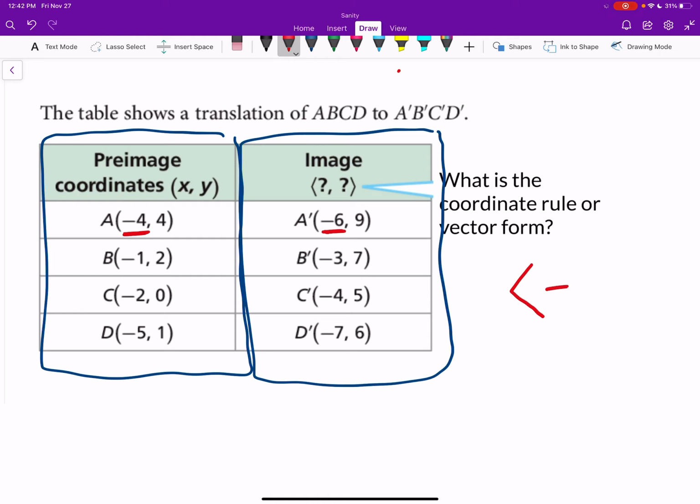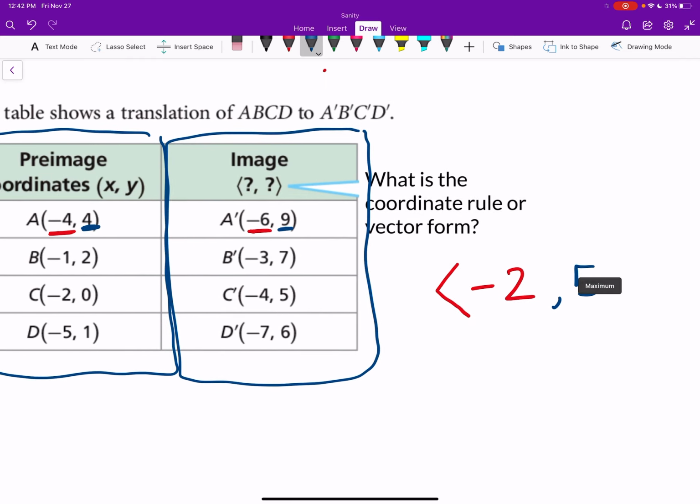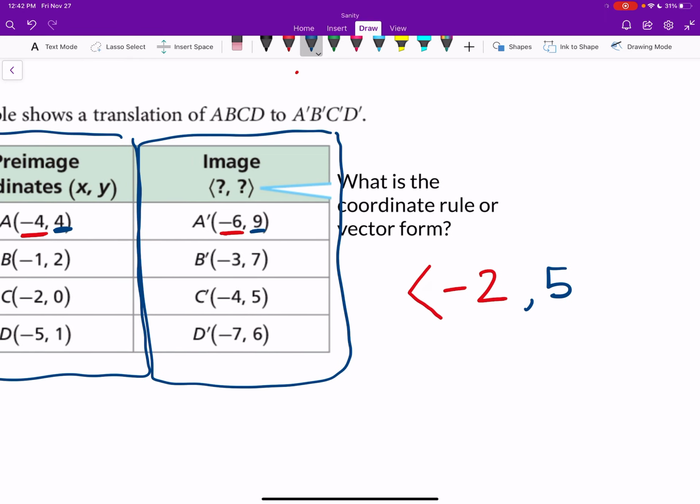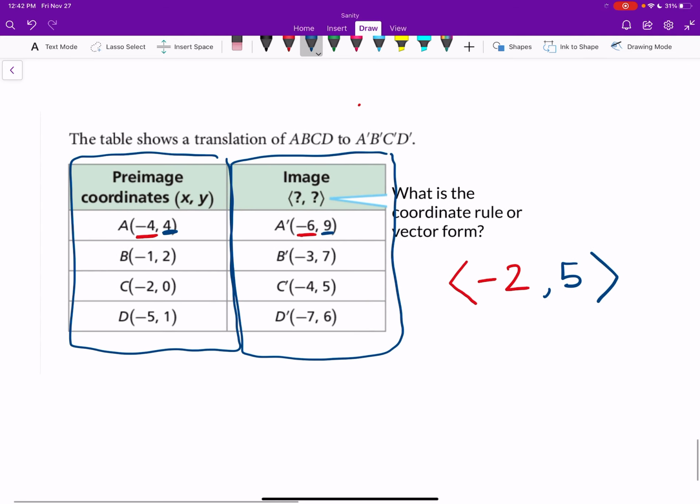What's happening to my x's? I'm just minusing 2. What's happening to my y's now? To get from 4 to 9, this is pretty easy. You're just adding 5. So <-2, 5> would be the component form of your vector that would describe this translation. Does it work for everything else?